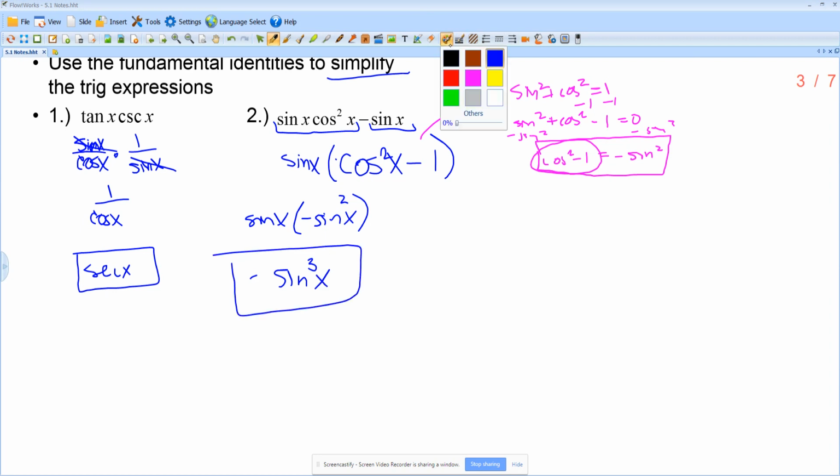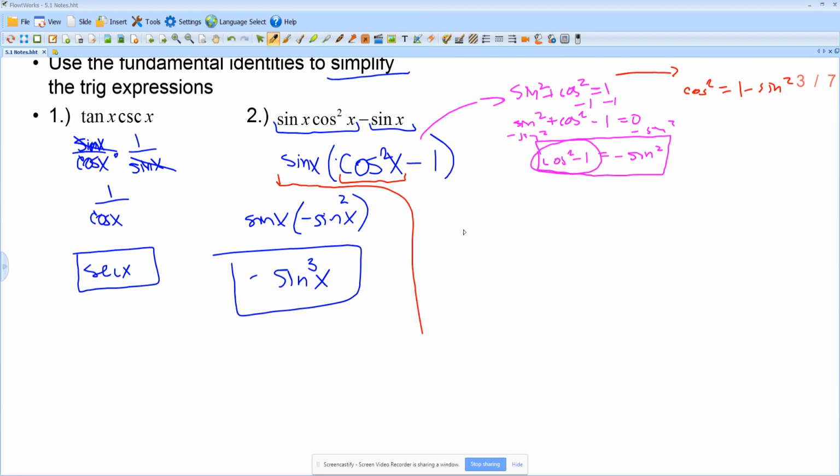An alternate way of thinking about this, if what I just did in pink was a little bit confusing, is to just replace cosine squared. Using the same idea, cosine squared is equal to 1 minus sine squared. So if I take this problem from here, I would have sine x times, replacing cosine squared with 1 minus sine squared.